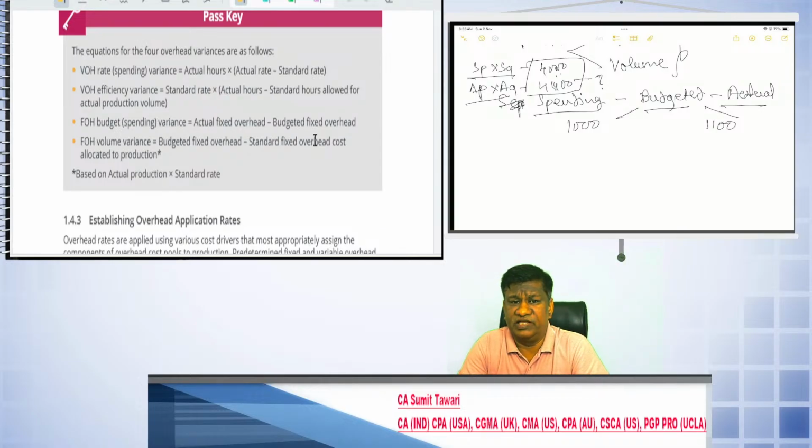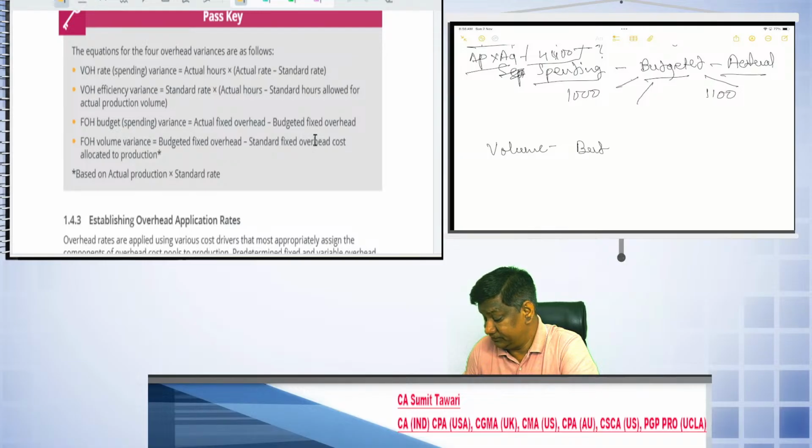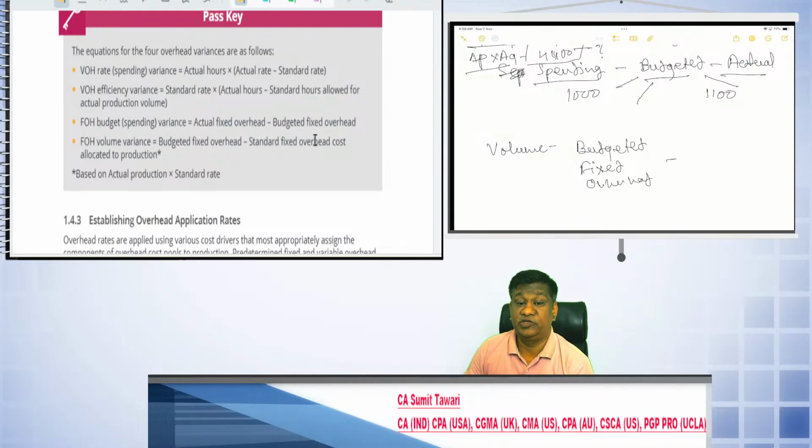And fixed volume variance: budgeted fixed overhead minus the base cost allocated to production. So it is again the same amount, total budgeted fixed overhead minus the overhead recovered, meaning the standard recovered.